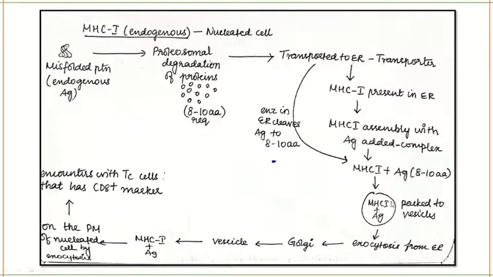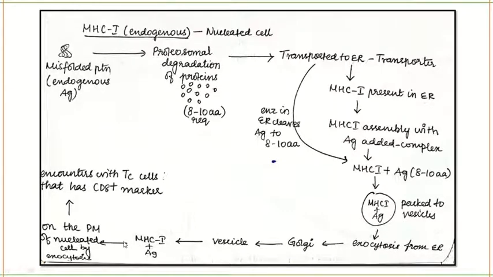This complex will be packed inside a vesicle and from the endoplasmic reticulum it will go to Golgi. Okay, from Golgi it will go to the plasma membrane. Before going to the plasma membrane, its vesicle will be removed and only MHC1 and antigen will be exocytosed.